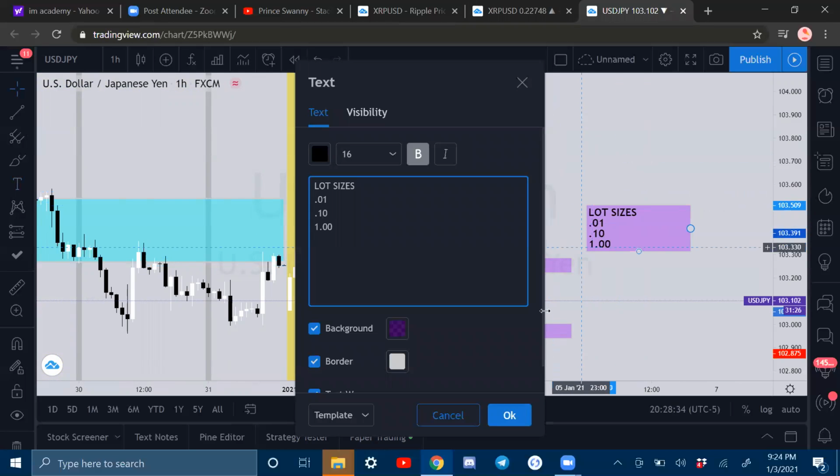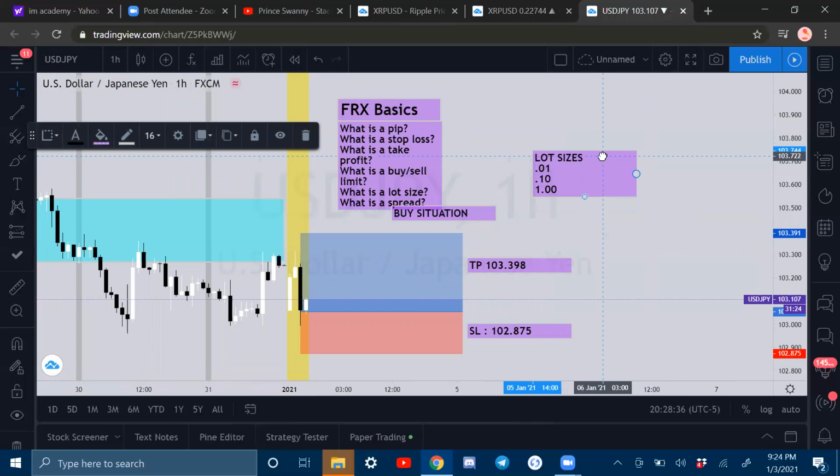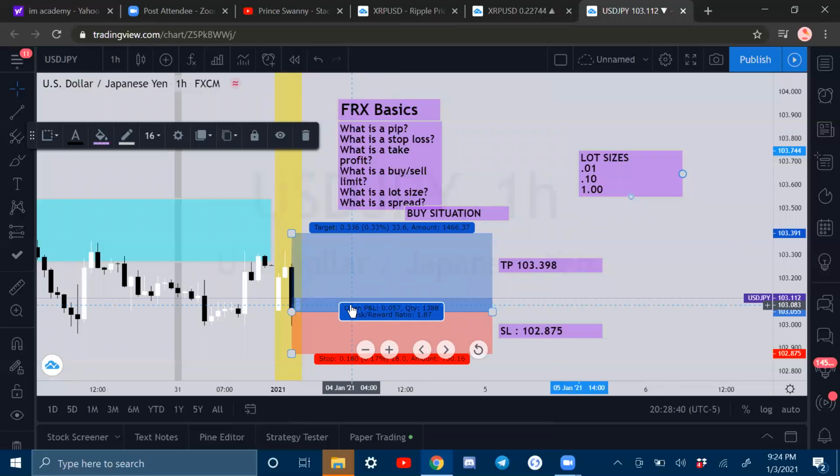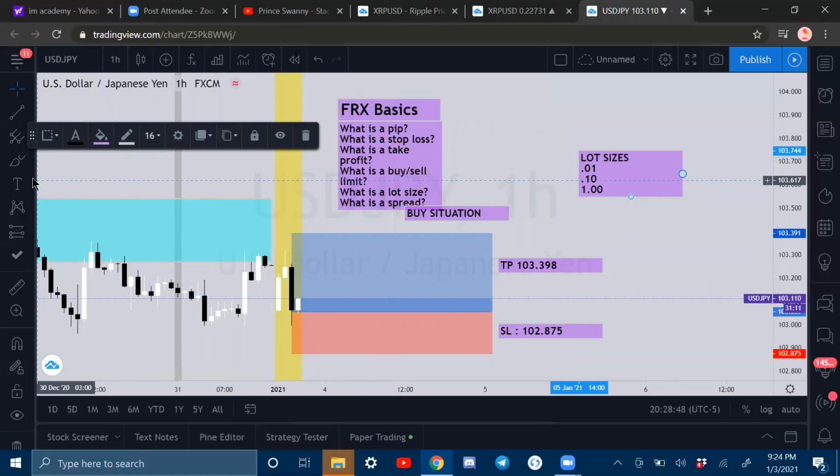So lot sizes. So I taught you what a pip is, right? So in this case, 33 pips while risking 18. So R to R is about 2. You're risking 1, and your reward is 2. Right?